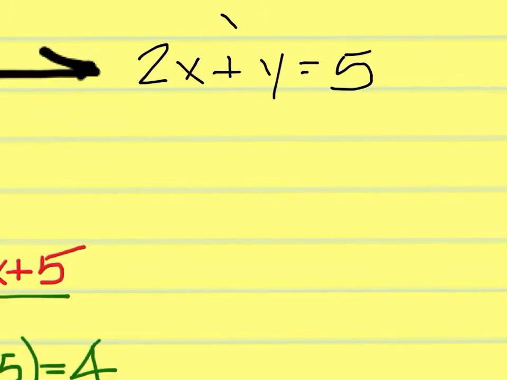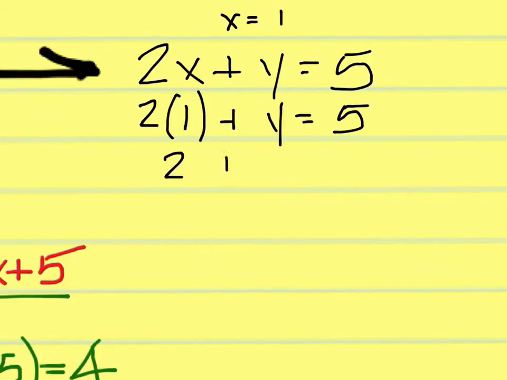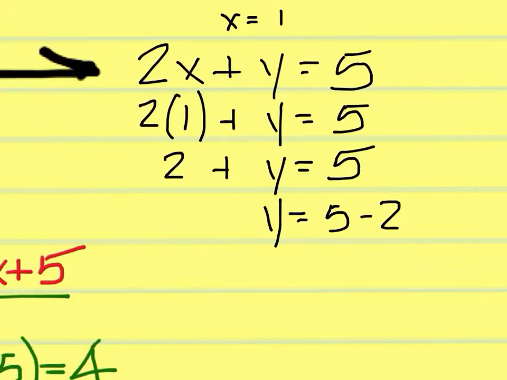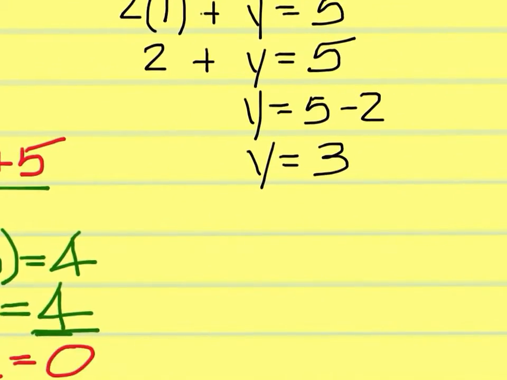Remember, we found x to be equal to 1. So we're going to put that 1 in where you see an x and solve for y. So 2 plus y equals 5. Move the 2 over, change the sign, and you come out with a 3. You put in a 1 and came back with a 3. So that is your answer.